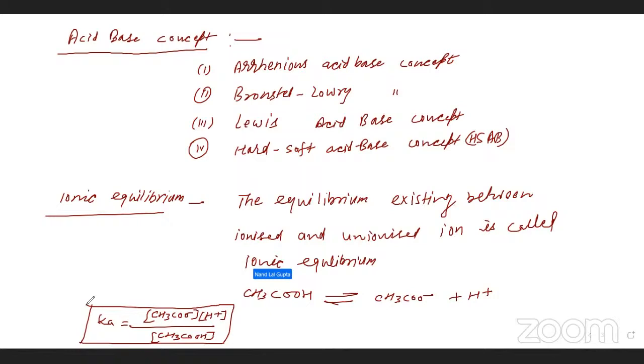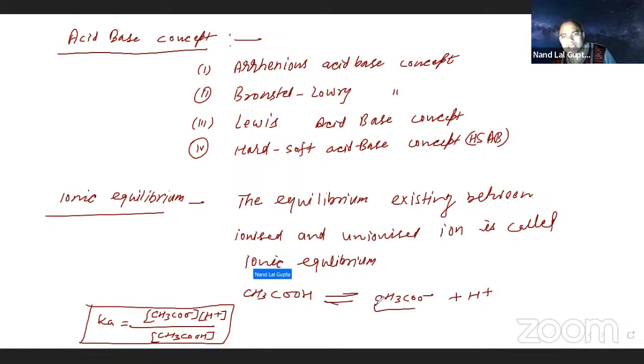Sir, explain once again. The equilibrium exists between what? Ionized and unionized. The ions are the ionized species, and this is the unionized one. It is called ionic equilibrium. It means this acid is a weak acid. Weak acid means the forward reaction goes to acetate ion and H plus ion, and it also reverses to form acetic acid, because it gives a lesser number of H plus ions.